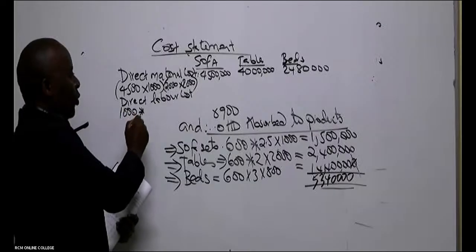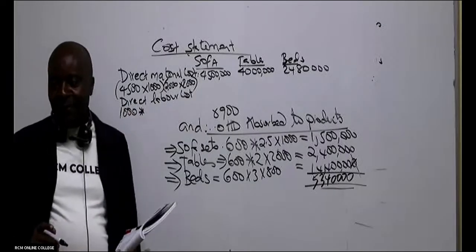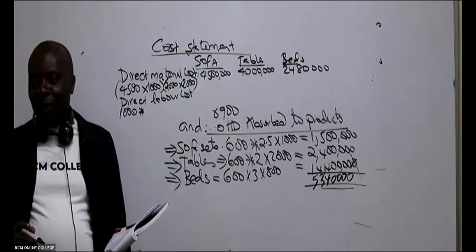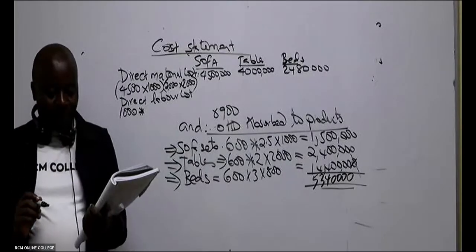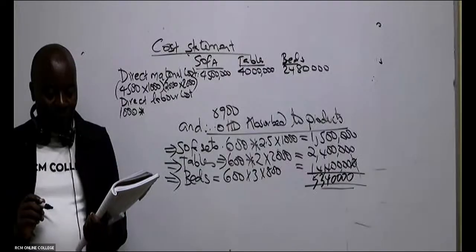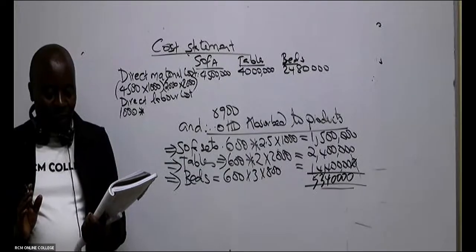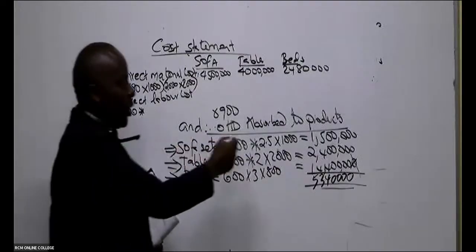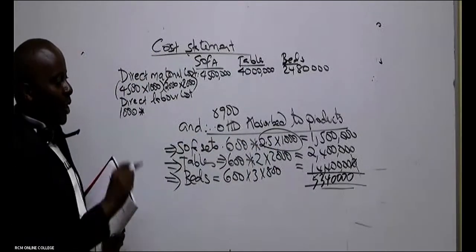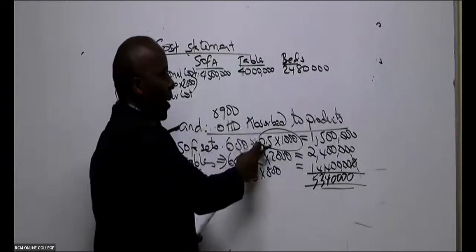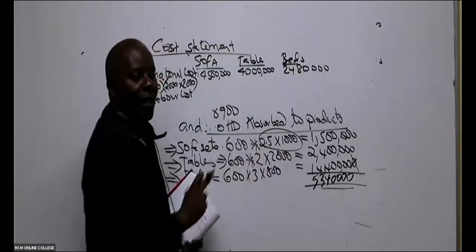And how many hours do we need for the sofas? Anybody who is able to give me the total number of hours we need for the sofas? Already we have those hours, because each sofa is 2.5 and we're going to produce 1,000.